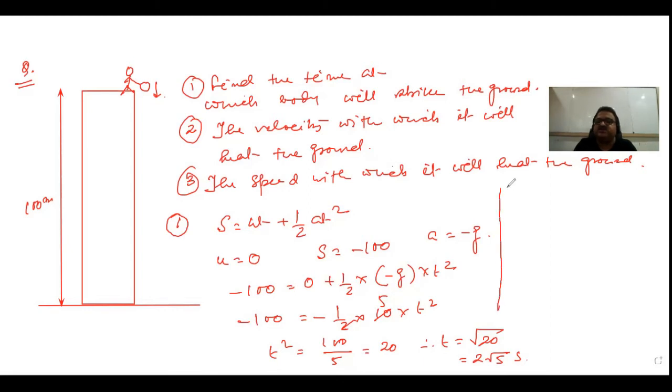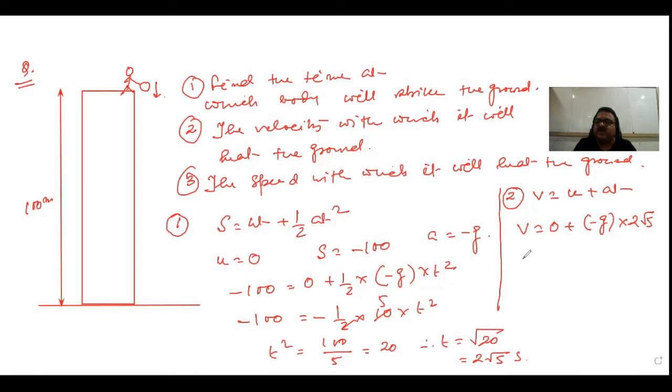Second question is this: the velocity with which it will hit the ground. So I am applying this v equal to u plus at. Here v stands for velocity, u stands for initial velocity, a for acceleration. Now look here, what I'm doing: u is 0, a is minus g, and t is 2 root 5.